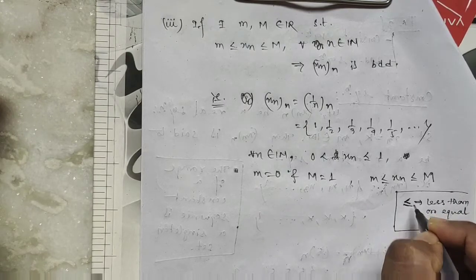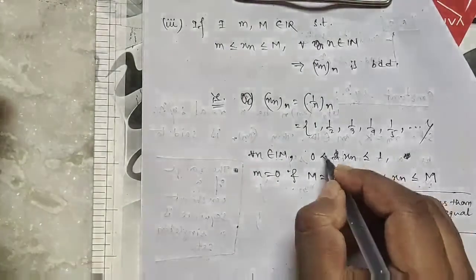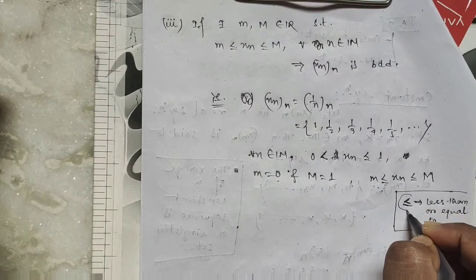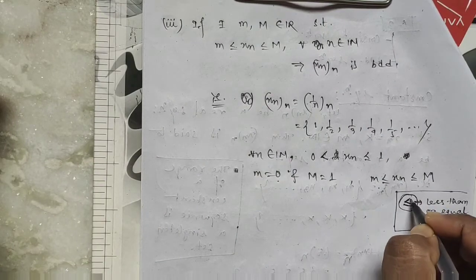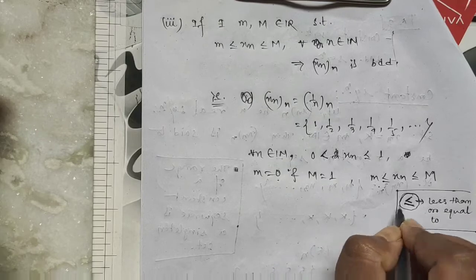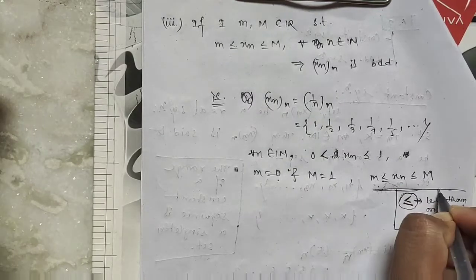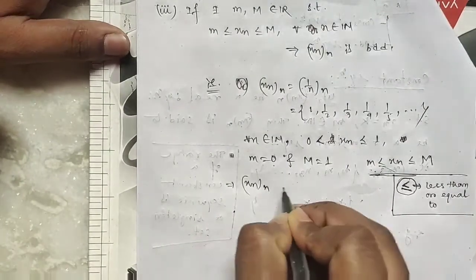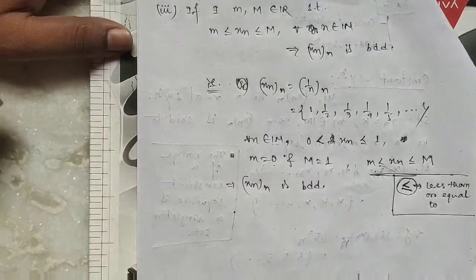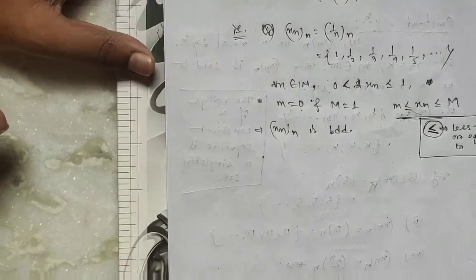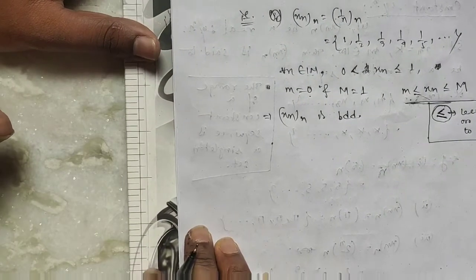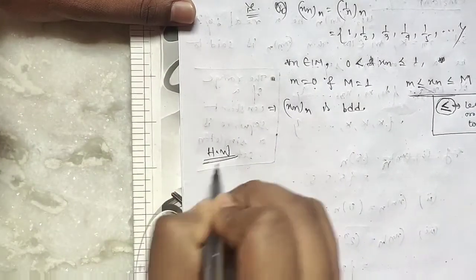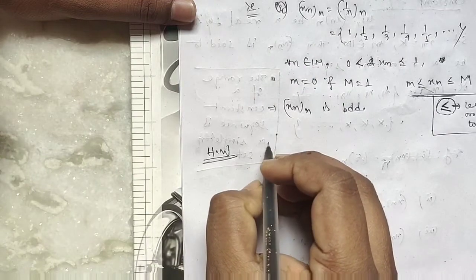So if m equal to 0, the condition is less than. If we use less than or equal to, then the condition is either less than or equal to. So this condition is true, this implies the sequence xn is bounded. Clear? Now here are some examples, which are bounded or not.